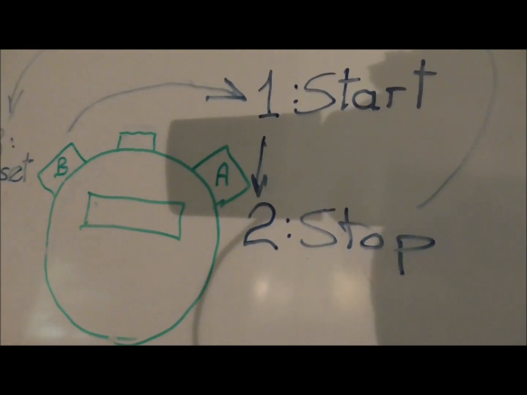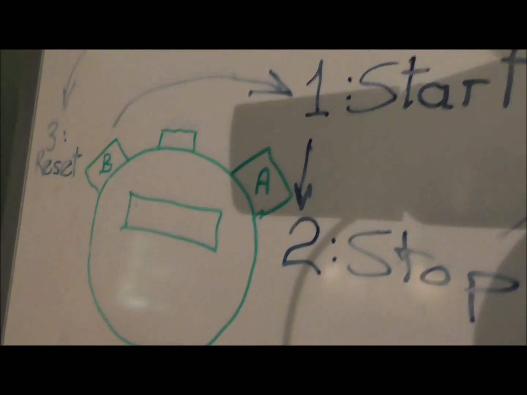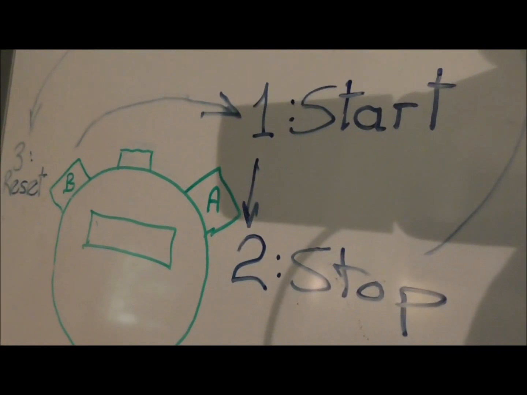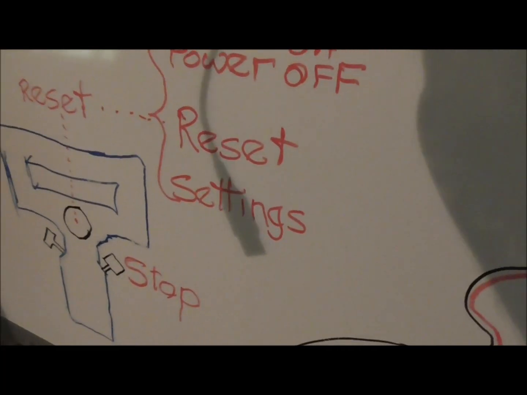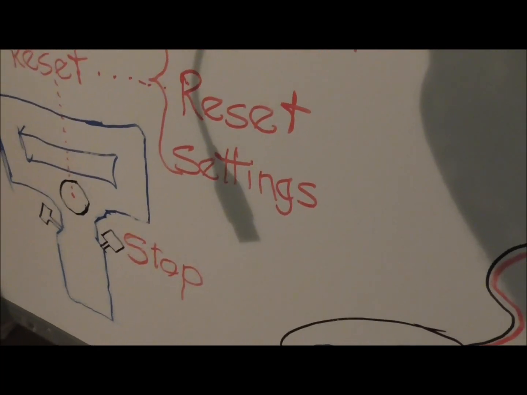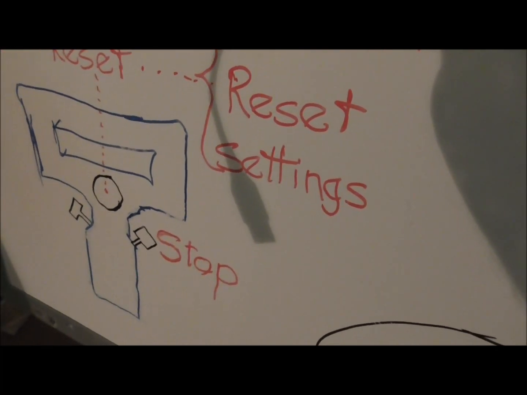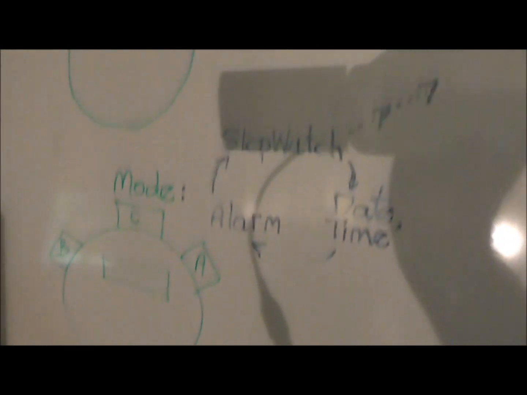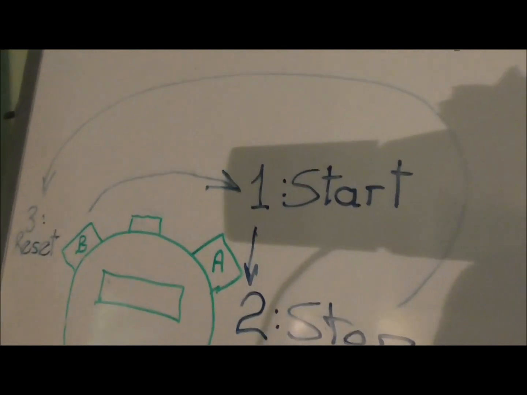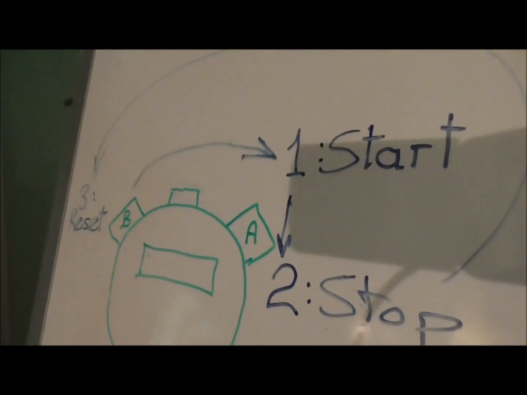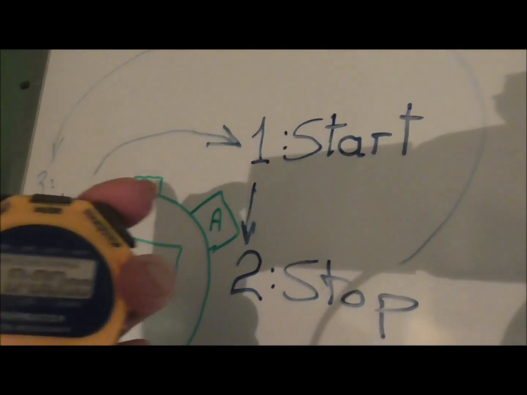So, as a timekeeper, you have to do all this yourself. The Dolphin system will do the resetting and starting for you, and all you have to do is stop. These manual stopwatches, the backup stopwatches, you've got to do all three: start, stop, and reset.